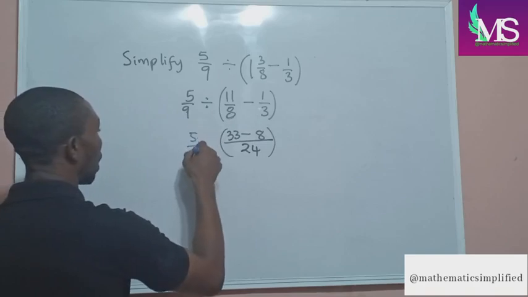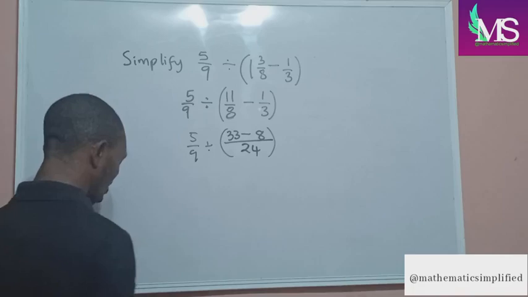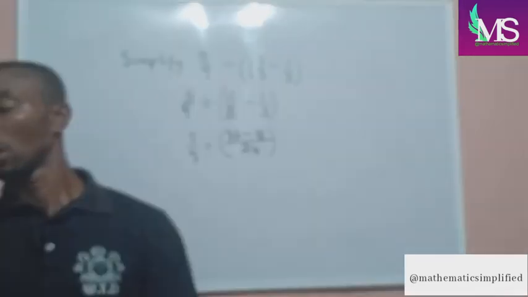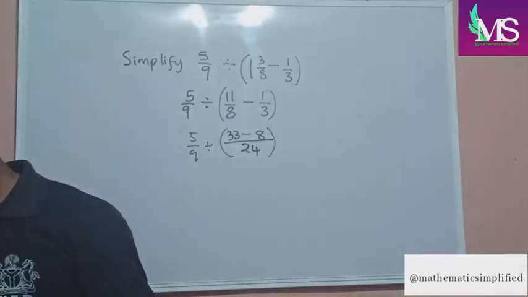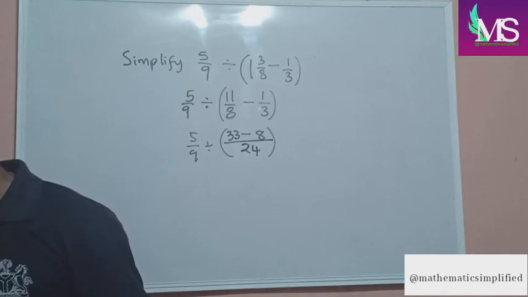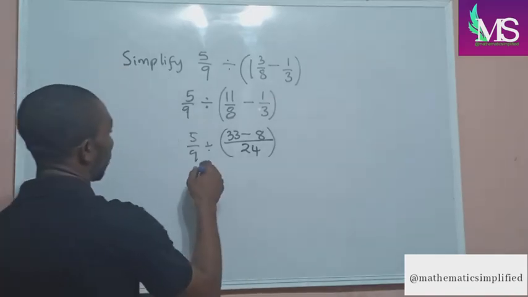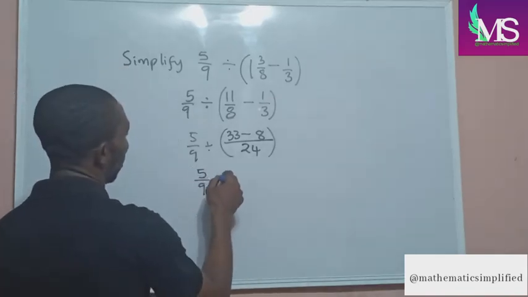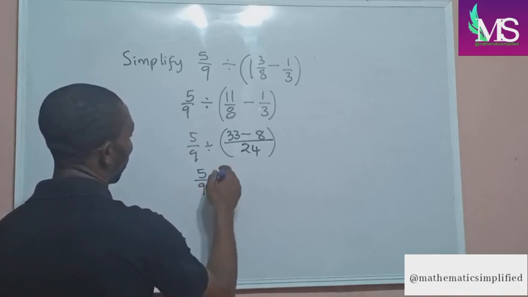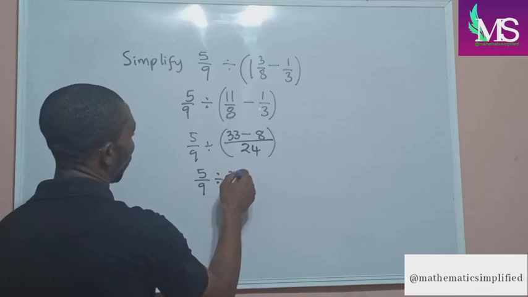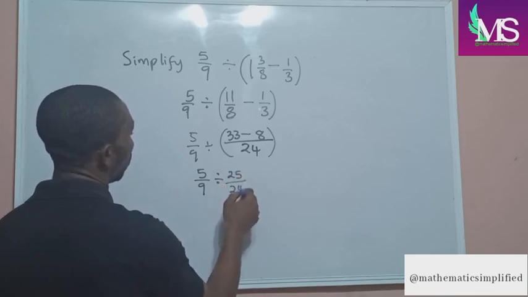Okay, 5 over 9 divided by this. So 33 minus 8 will give us 25. This becomes 5 over 9 divided by 25 over 24.